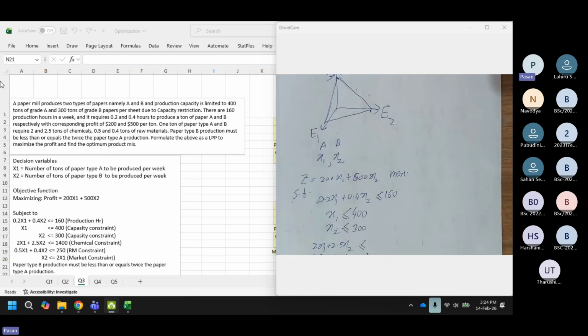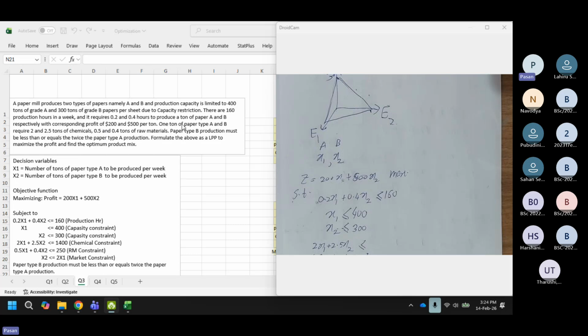I think here that we are missing some information. If I look at over here, I see that we have these 1400 and 250. Those two numbers are actually not here.